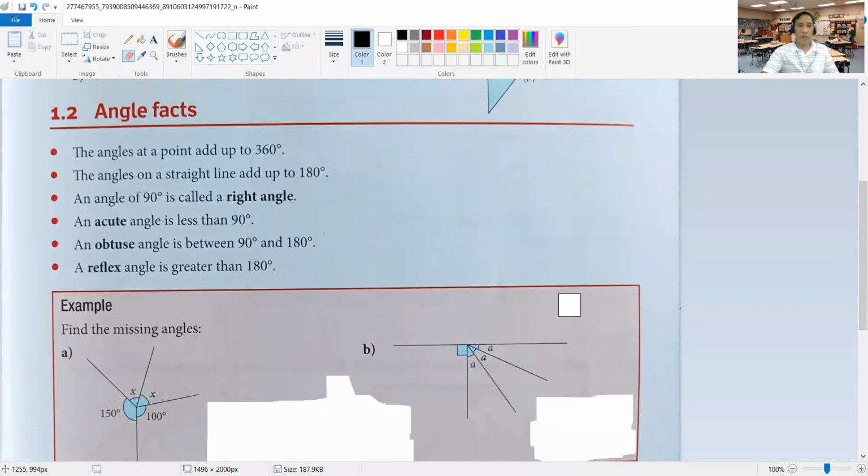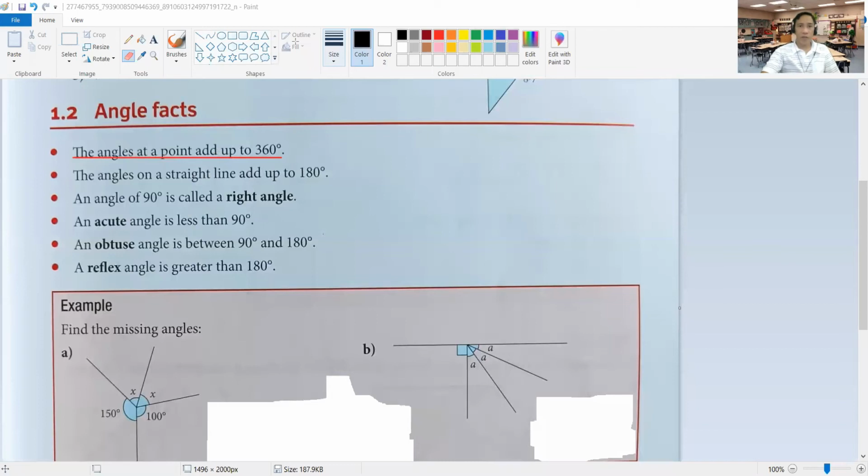Today we're going to learn about the angle facts or the angle information. From the previous lessons or lower grades that you have been to, the angles at a point add up to 360 degrees. That means the angles at a point or the angles in a circle.